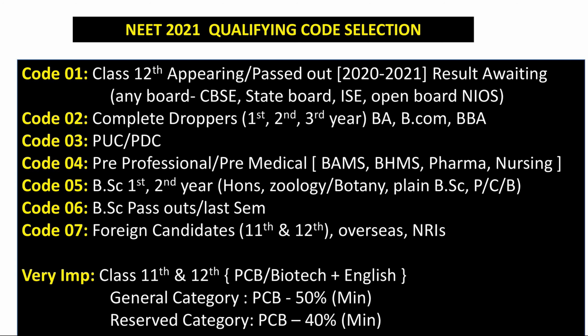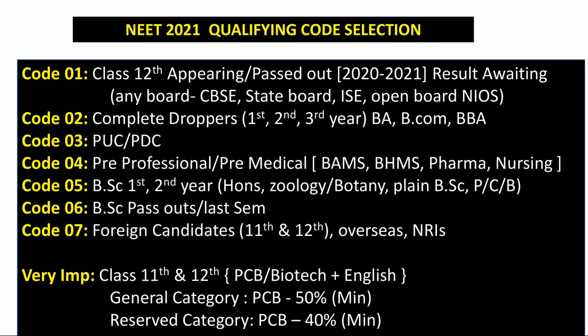Okay. Code 04 is for completely pre-professional students or pre-medical students, the students who are doing their BMS, BHMS, or pharma or nursing. Those students who are doing medical have to opt for this.